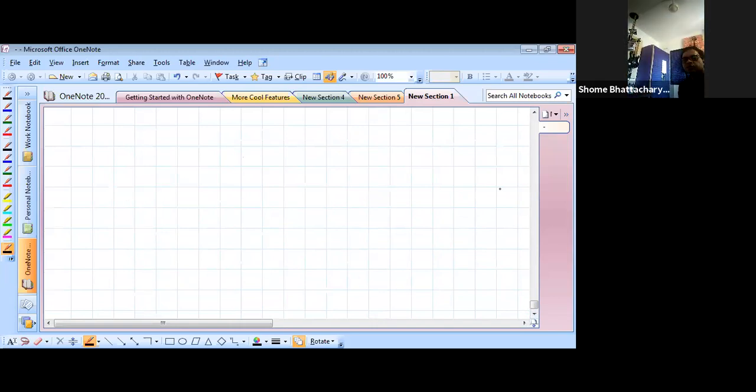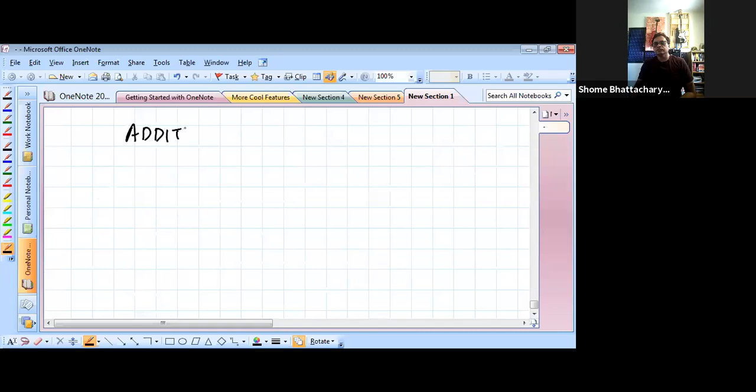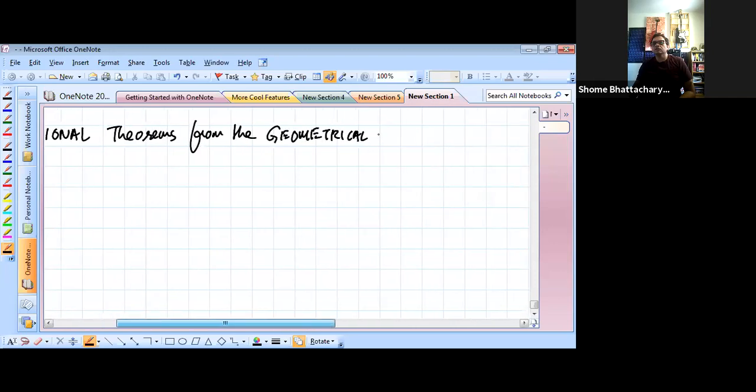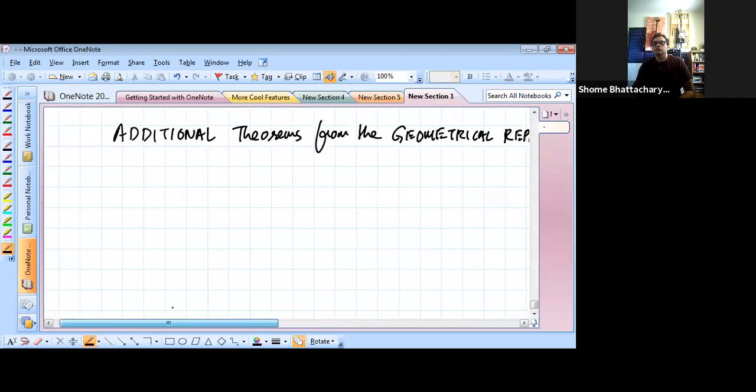So a few additional theorems from the geometrical representation of vectors. So there are a few additional things.